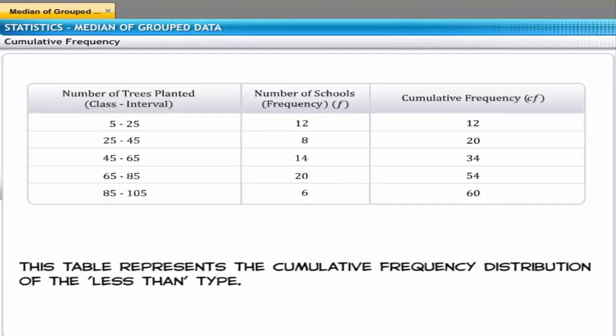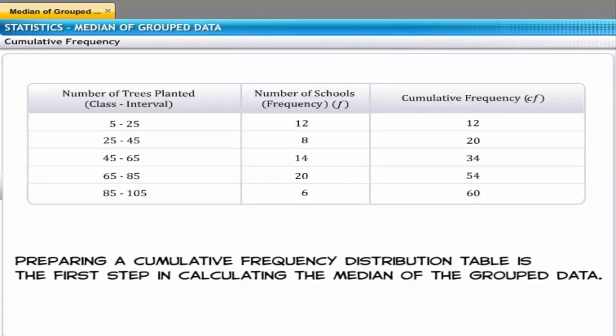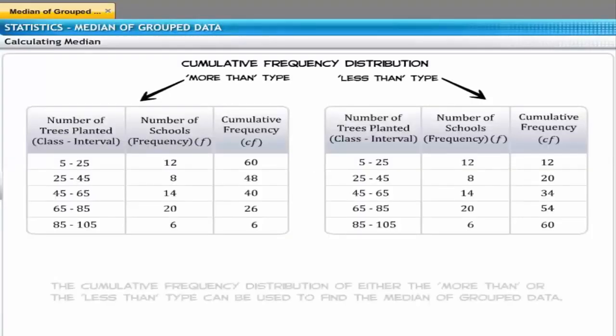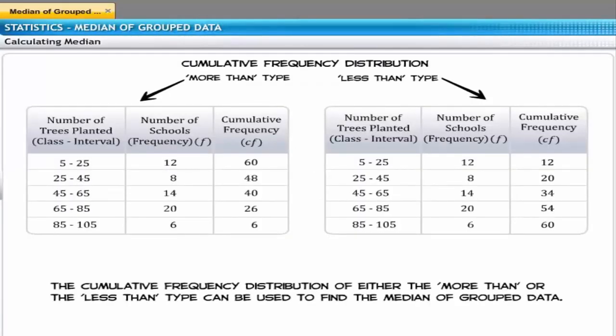The table here now represents the cumulative frequency distribution of the less than type. Preparing a cumulative frequency distribution table is the first step for calculating the median of the grouped data. You can use the cumulative frequency distribution of either the more than or the less than type to find the median of grouped data.